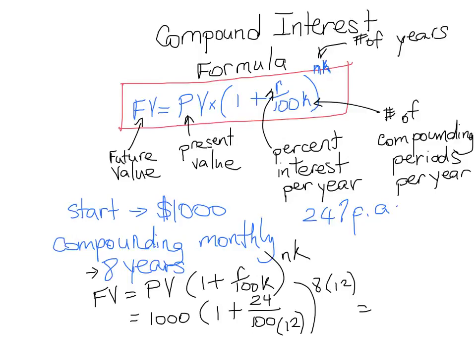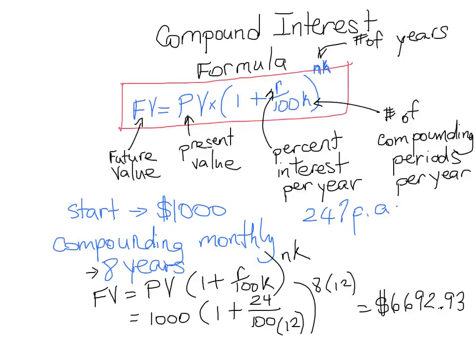$6,692.93. And remember that since we're dealing with money, we always round to 2 decimal places unless otherwise stated. Now, that question asks how much you end up with.